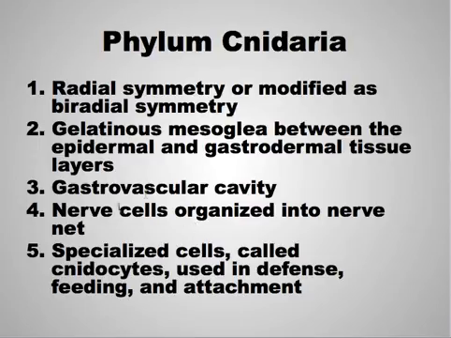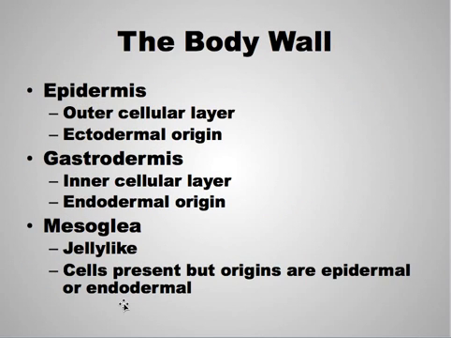So this is the most sophisticated neural organization we've seen to this point, and it's called a nerve net. This nerve net spans around the bell of the sea jelly. They also have very specialized cells called cnidocytes. They're used in defense. They're also used in feeding and attachment. We'll talk about them further later.